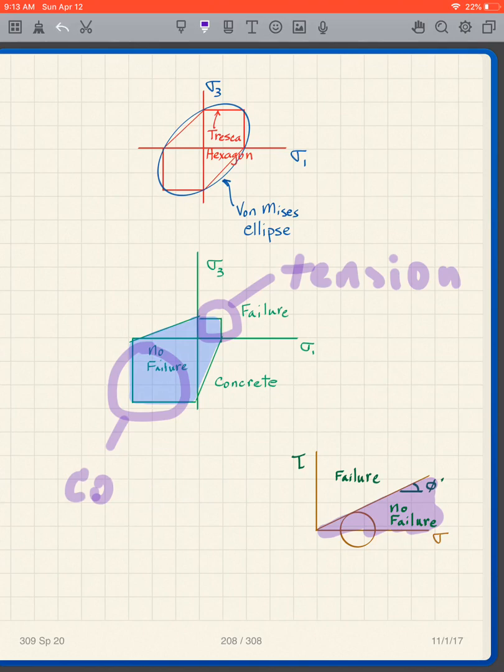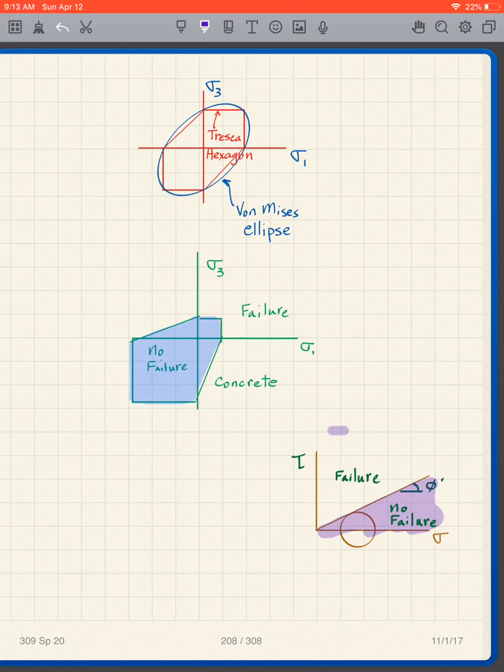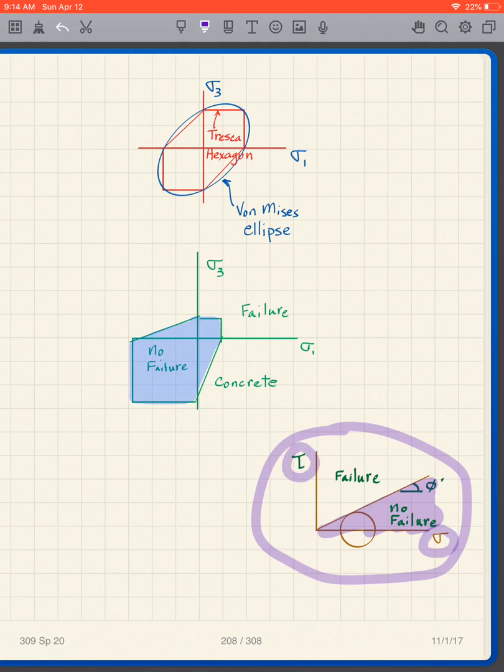So each material will have a different shape, different ways it's represented, and I'll show you one more. Soils are typically represented by this, which is our Mohr plot, where I have sigma and tau.